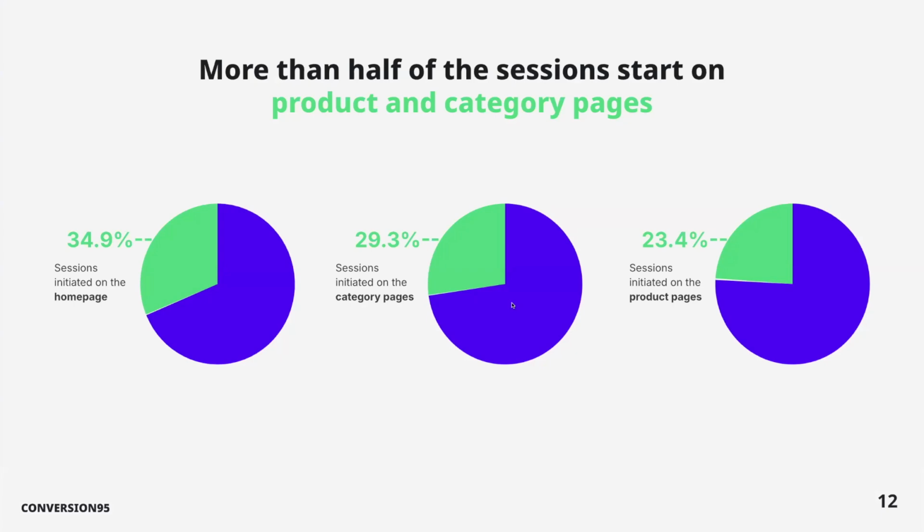In some recent research that we have run, we have identified an interesting insight. We used to think, and a lot of people still think, that the majority of the sessions for e-commerce stores begin on the homepage, but that's not always the case. We have identified that more than half of the sessions of very recent projects have actually started on category and product pages.